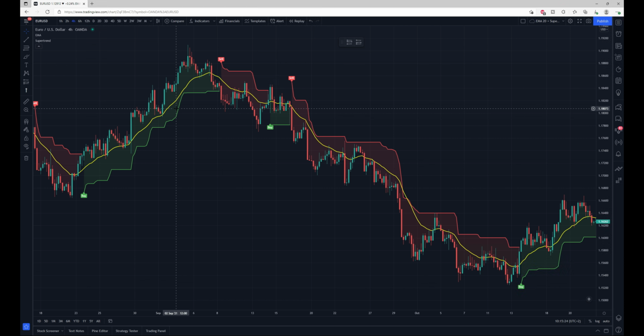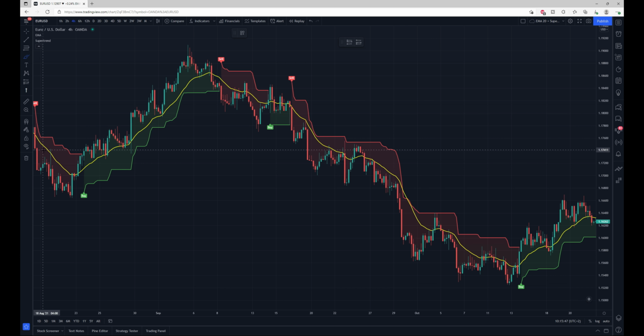Then there is the 20-period exponential moving average, which is going to serve as our area of value to look for a potential trade entry. Essentially, we're looking for pullbacks that go in line with the trend direction as determined by the super trend. So let's show some examples of what I'm talking about.